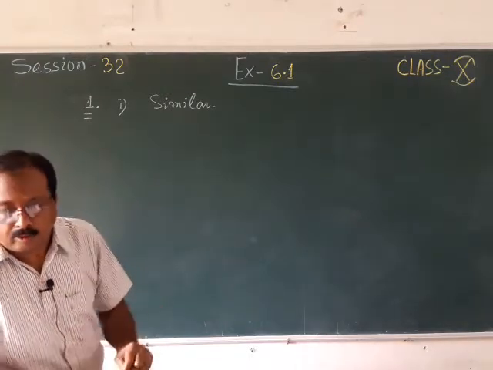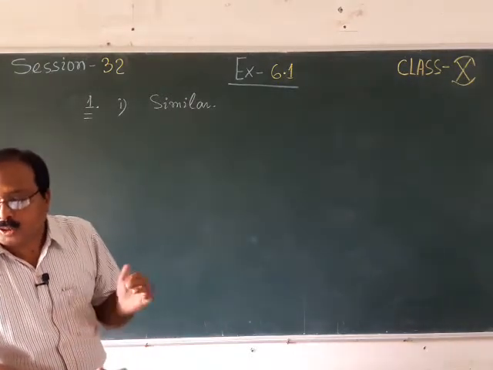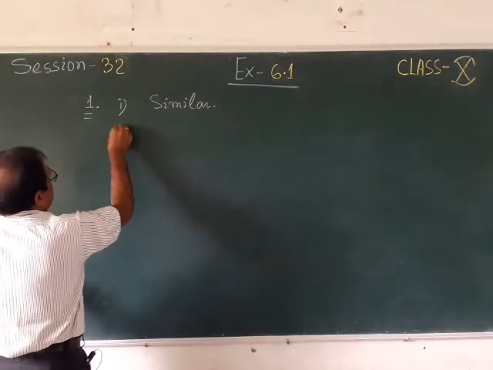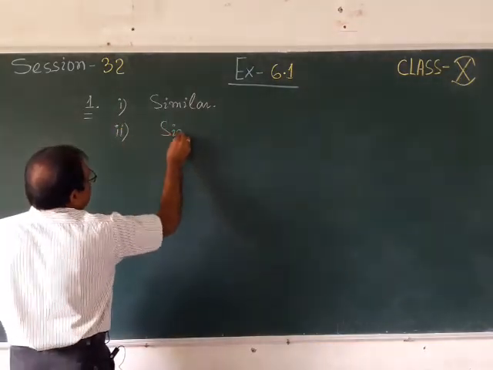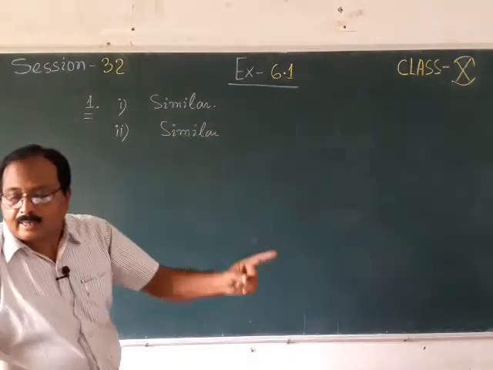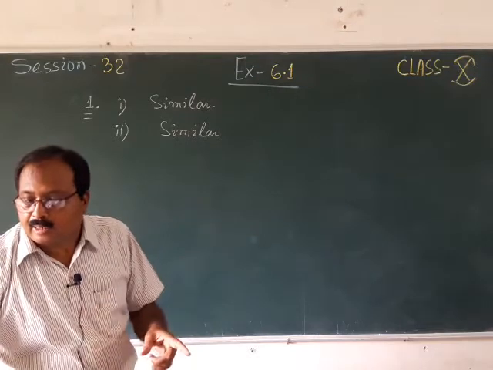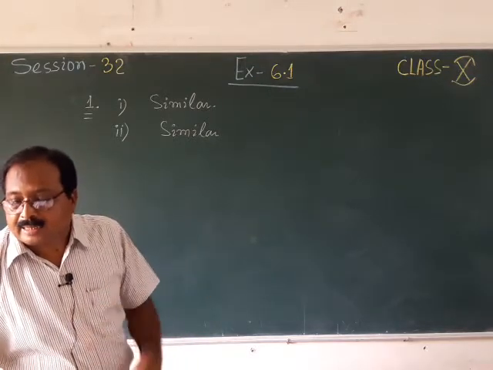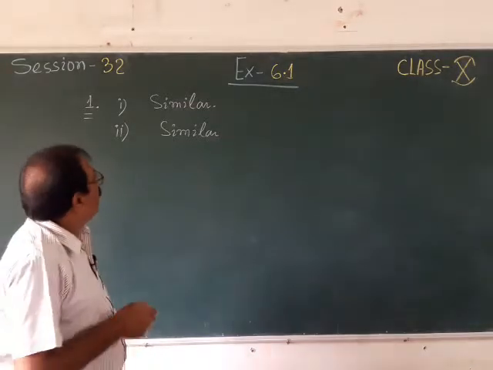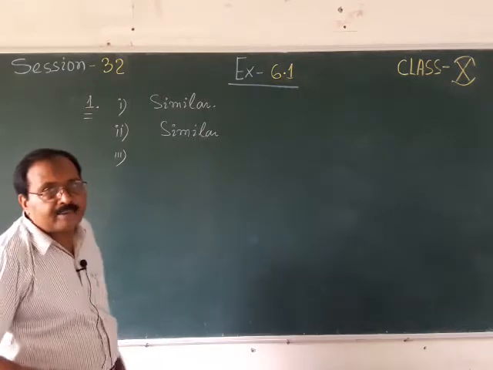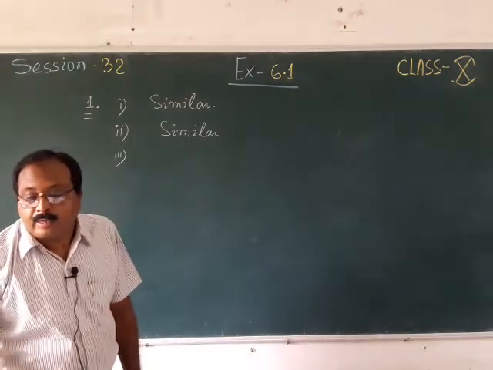Number second, all squares are similar. Then number third, all dash triangles are similar. Which type of triangle may be similar?